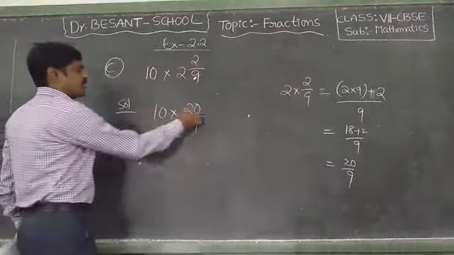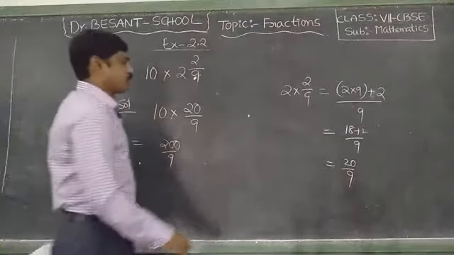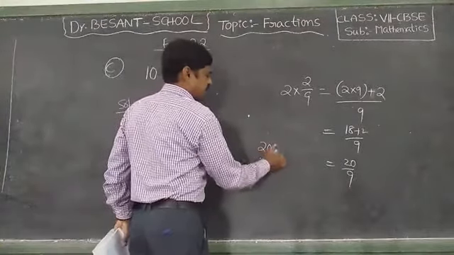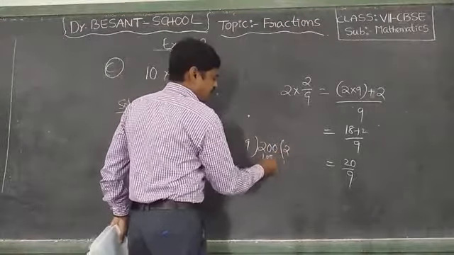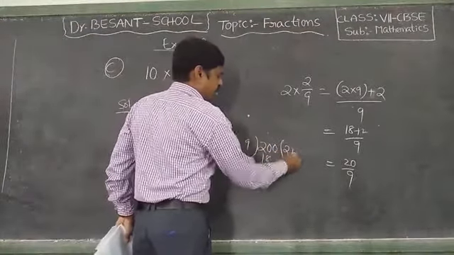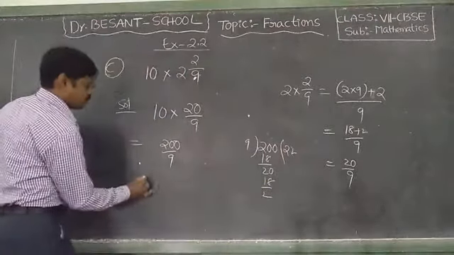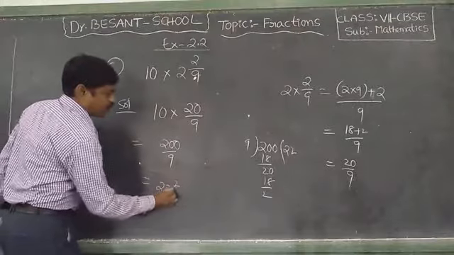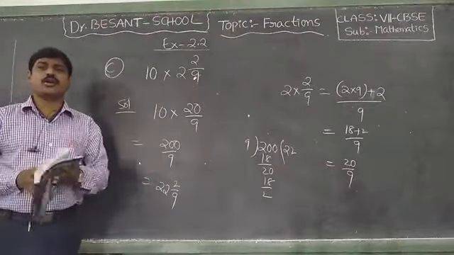Next 10 20s are 200 by 9. So 200 by 9 means 9 2s are 18, 22 into 2 by 9. Okay children, I hope it's very clear. Note down.